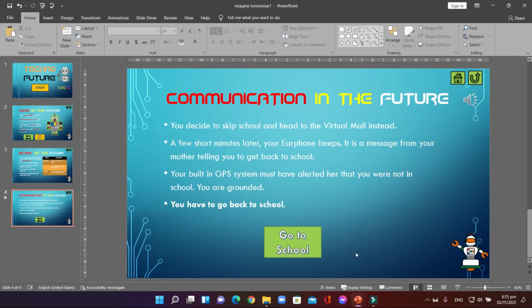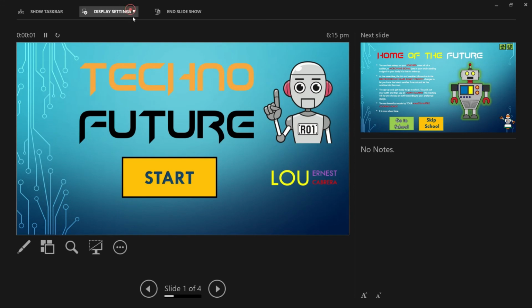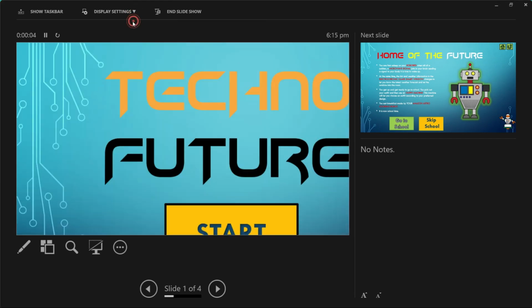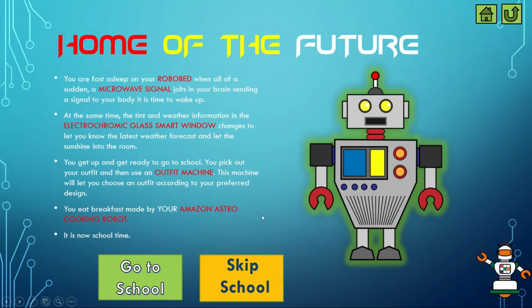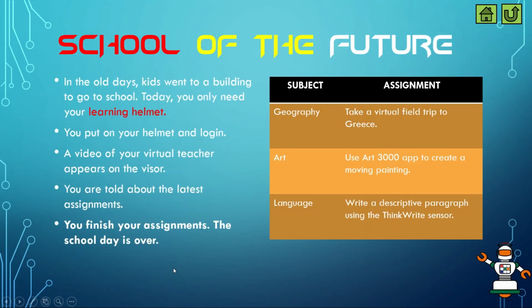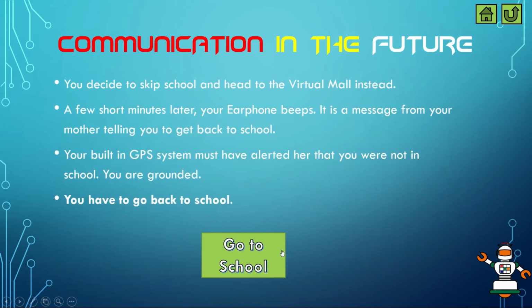Okay, so when we play it, the idea is like this. So start, go to school. So School of the Future will open. There's no button here, so you use the return button. And then skip school, it will load Communication in the Future.